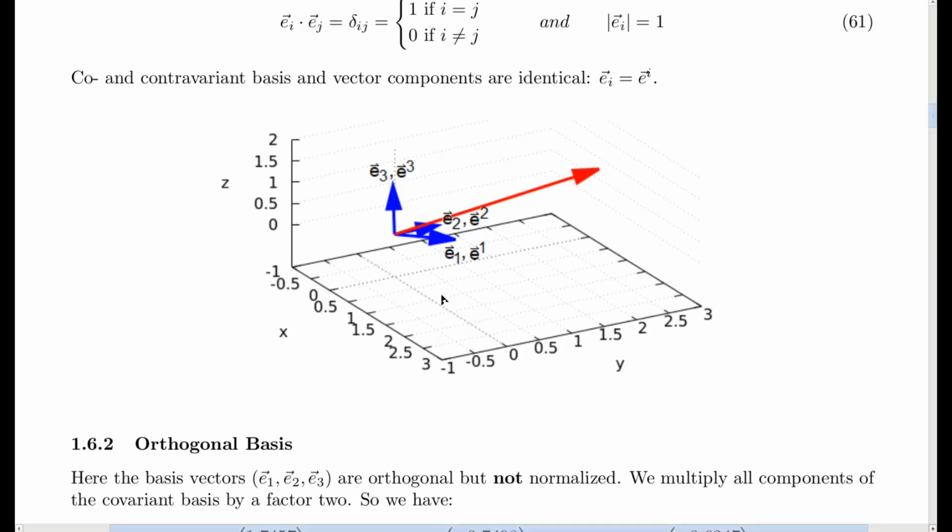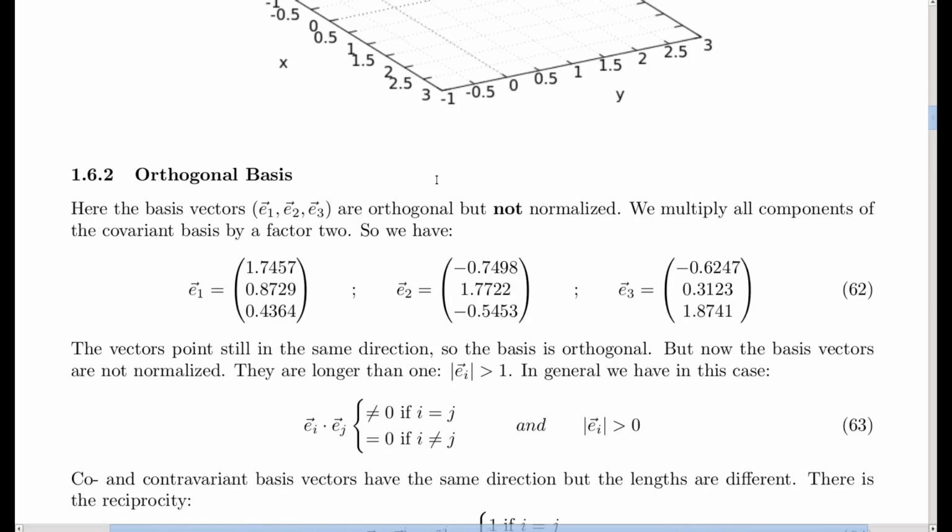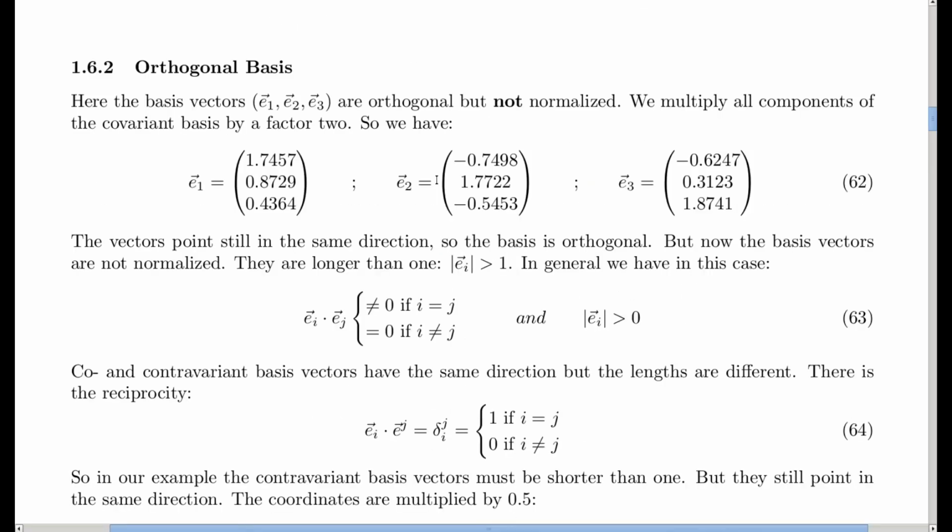And now we suppose that we have only an orthogonal but not normalized basis. So we multiply all the components by a factor 2, and so we get other values in the coordinates of the basis vectors.